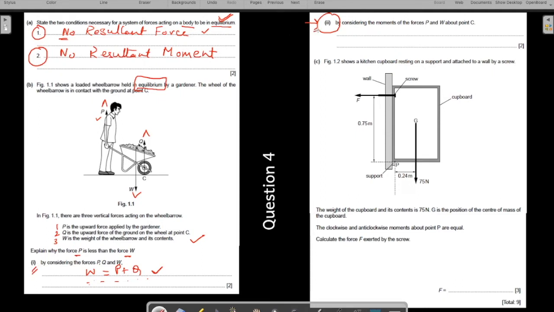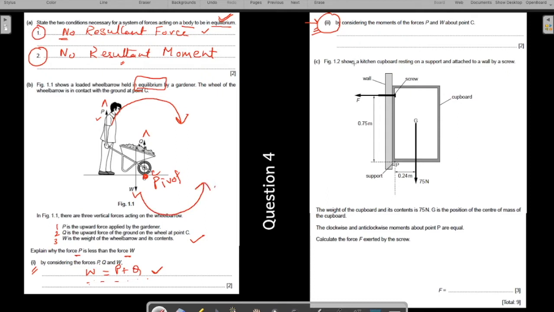To answer the second part of B, you will use the next condition. No resultant moment means clockwise moment should be equal to the anti-clockwise moment. About what? About point C. P, if you see, is creating a clockwise moment about C. C is your pivot. This is your point C. And W is creating an anti-clockwise moment.